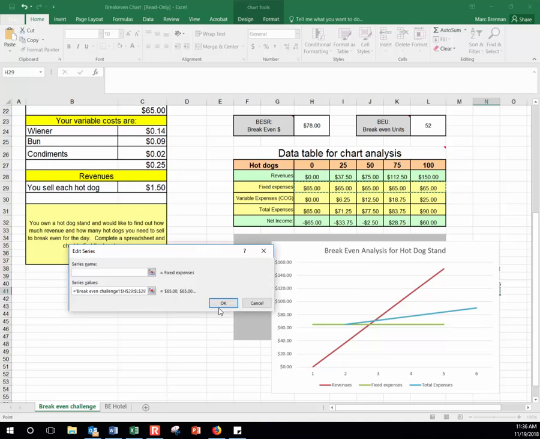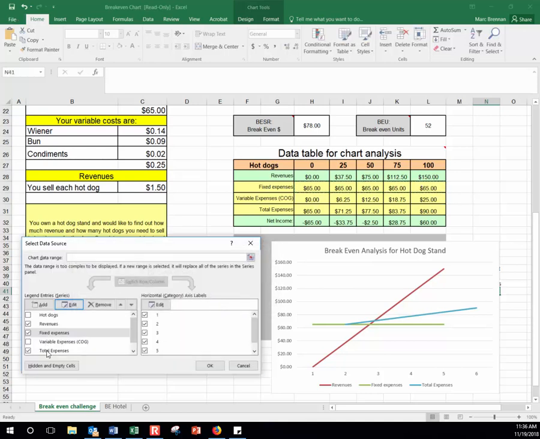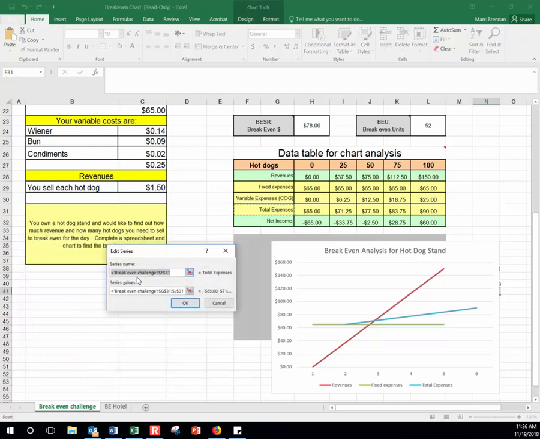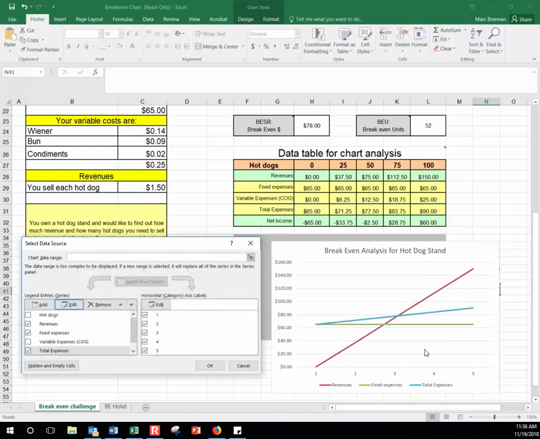There you go. Okay. And then for total expenses, we're going to hit edit. Again, make sure we're happy with the title. We are. The values, we don't want the word in it. So we're only going to highlight the numbers. And press OK. This is starting to look a lot more like a break-even chart.